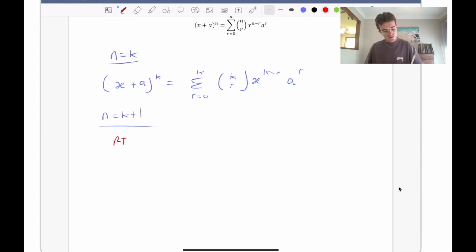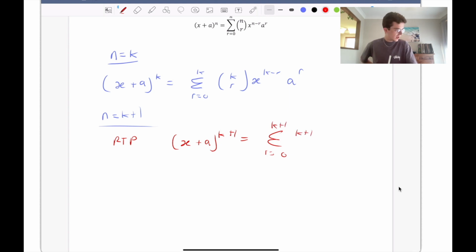So we're required to prove, we might just write this in red, we're going to try and end towards (x plus a) to the power of k plus 1 is equal to the sum from r is 0 to k plus 1 of k plus 1 choose r times x to the k minus r plus 1 times a to the r.